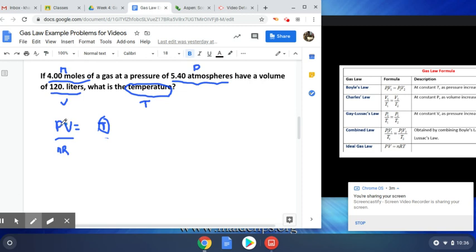So we have P is 5.40 atmospheres, and we're going to multiply that by our V, which is 120.